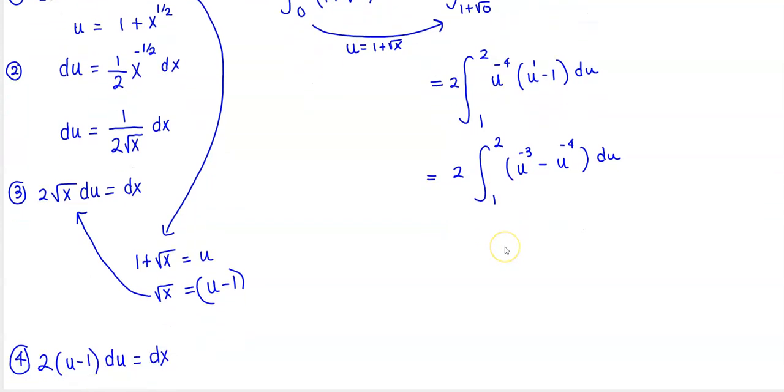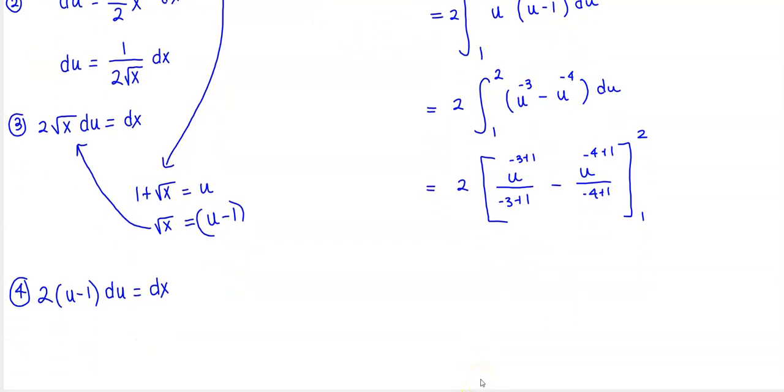And now let's take the antiderivative. So we have 2 times u to the negative 3 plus 1 over negative 3 plus 1, minus u to the negative 4 plus 1 over negative 4 plus 1, going from 1 to 2.